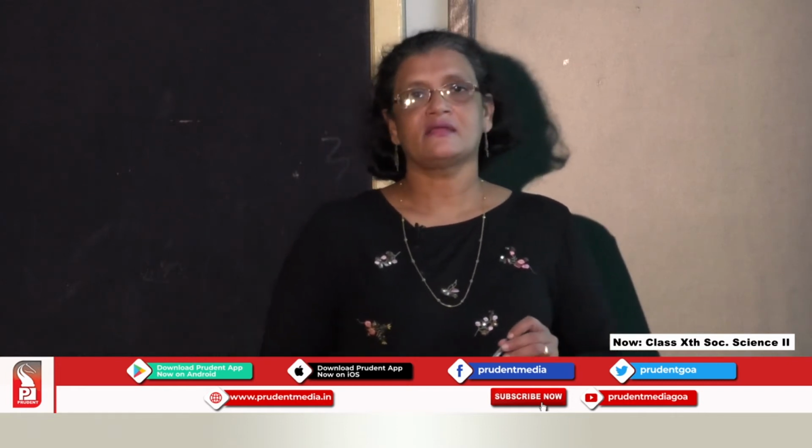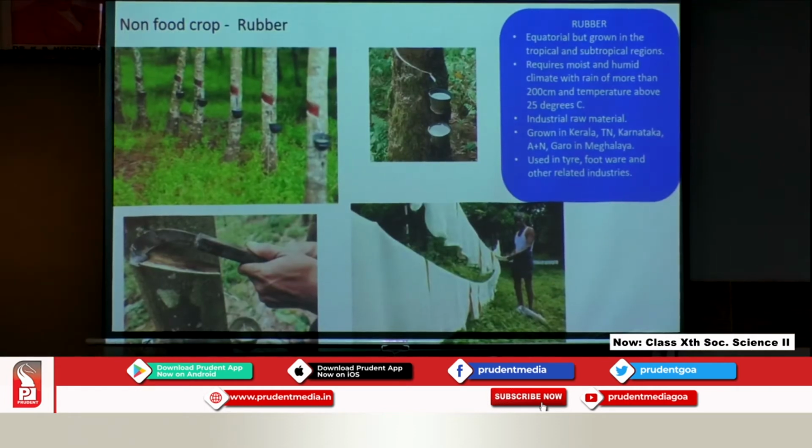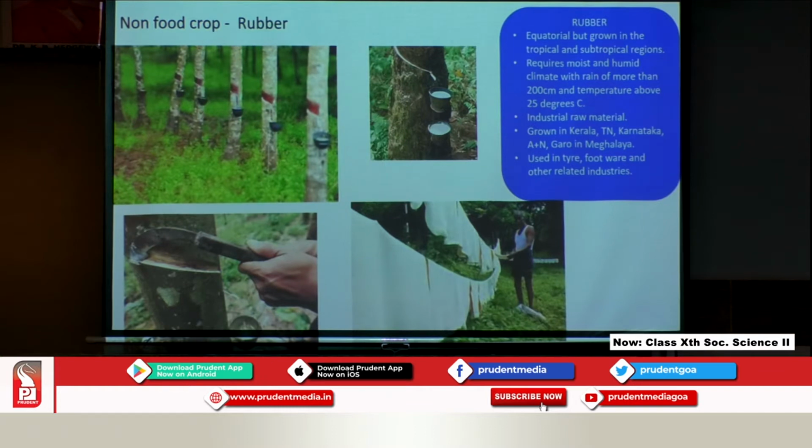It's also exported. Now you will see that under this food crop we have rubber. You will see in the pictures the rubber trees are grown one behind or one beside the other. You will see in the next picture how the bark is sliced or given a groove.